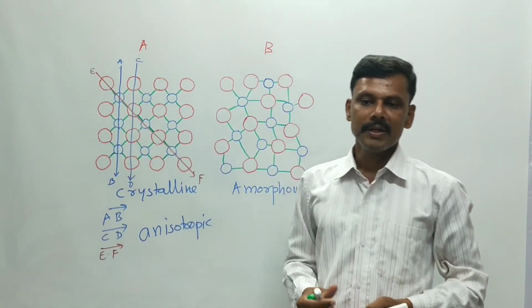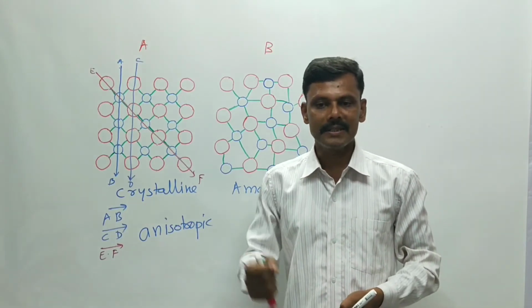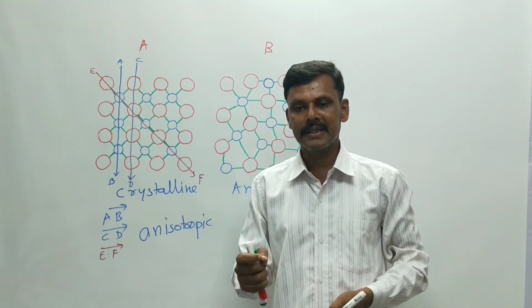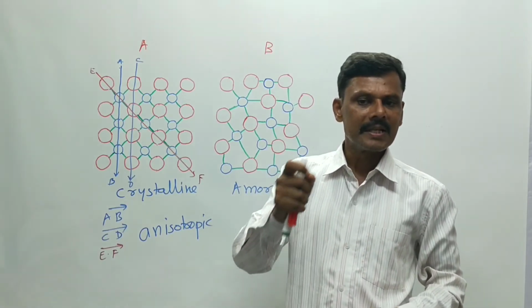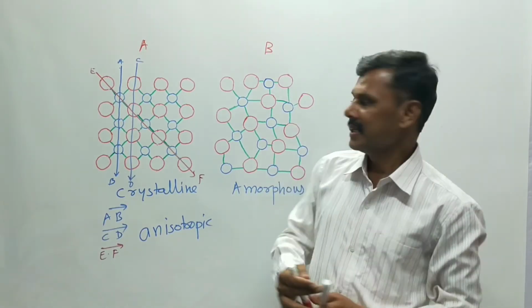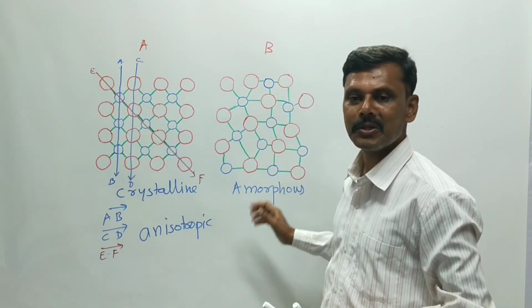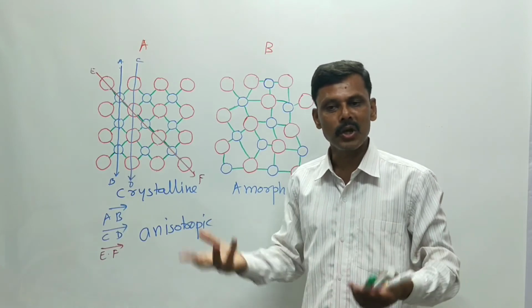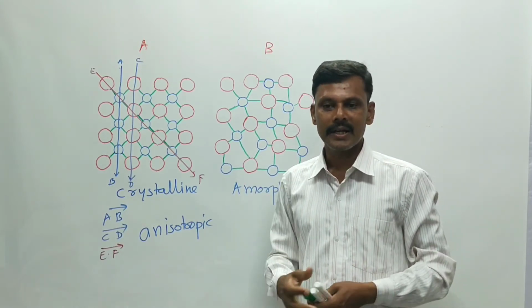In case of amorphous substance, the properties like refractive index, conductivity are given same magnitude in any direction, since the arrangement of constituent particle is not fixed, which is irregular one or random one.